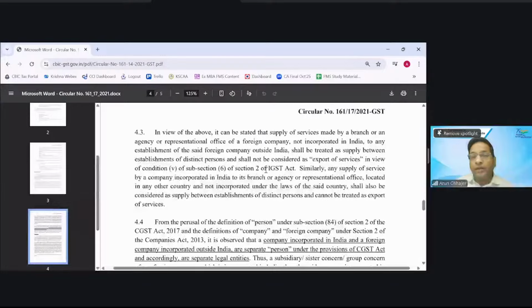In view of the above, it can be stated that supply of the service made by the branch or the agency or the representational office of a foreign company not incorporated in India to any establishment of the said foreign company outside India shall be treated as a supply between distinct persons. Correct, Ayush? Shall be treated as a supply between these distinct persons but not be considered as export.